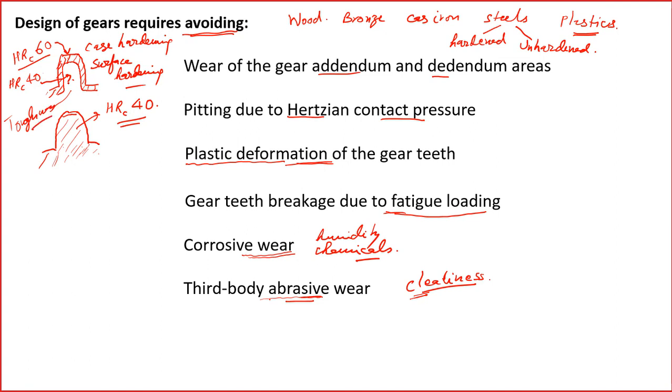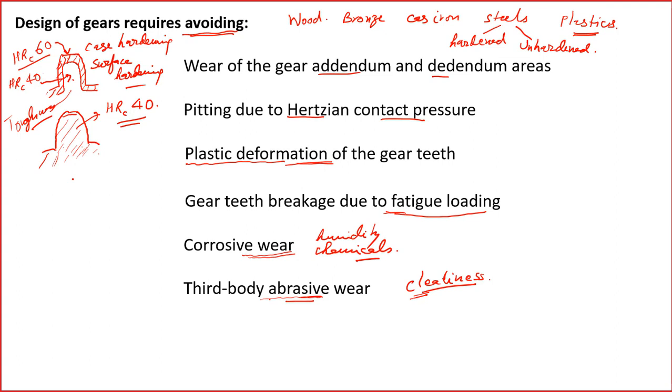The toughness of the core must be high. If we increase the hardness to more than 50, then the toughness will reduce, and therefore the failure will be because of fatigue loading.